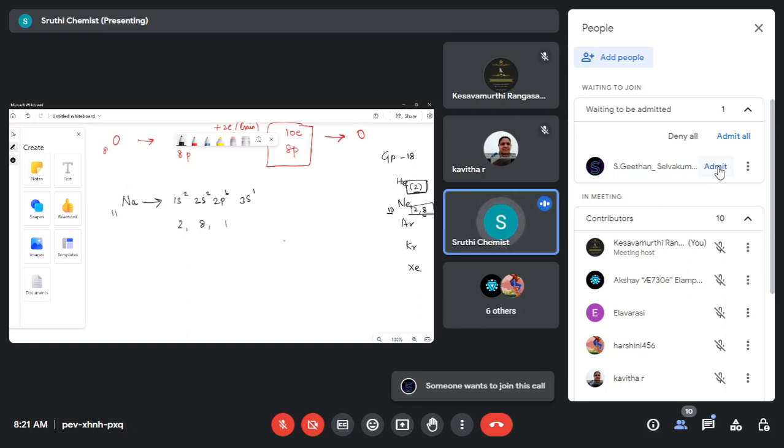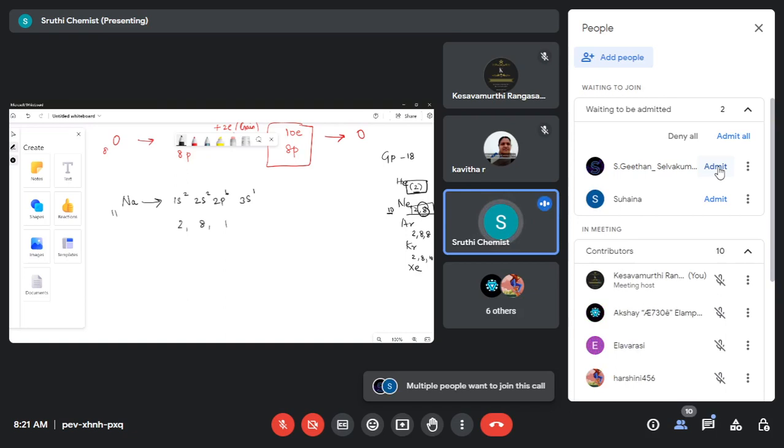All the noble gases are stable because the outermost shell is completely filled: 2, 8, 8 and so on. The last shell has 8 electrons, so they won't react much.